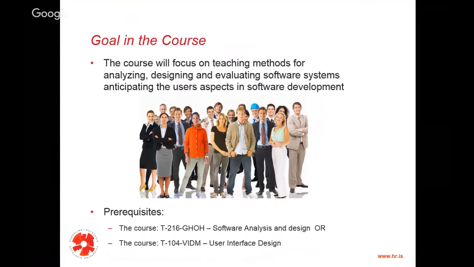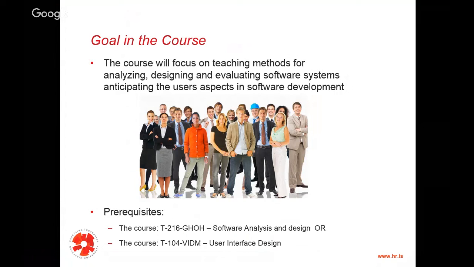So if we look at what this course is about, it's focusing on teaching methods. I've been really focusing on giving you new methods and also revisiting other methods that you used in Greining and Hönnun, or software requirements and design, and using them now in connection to other methods.